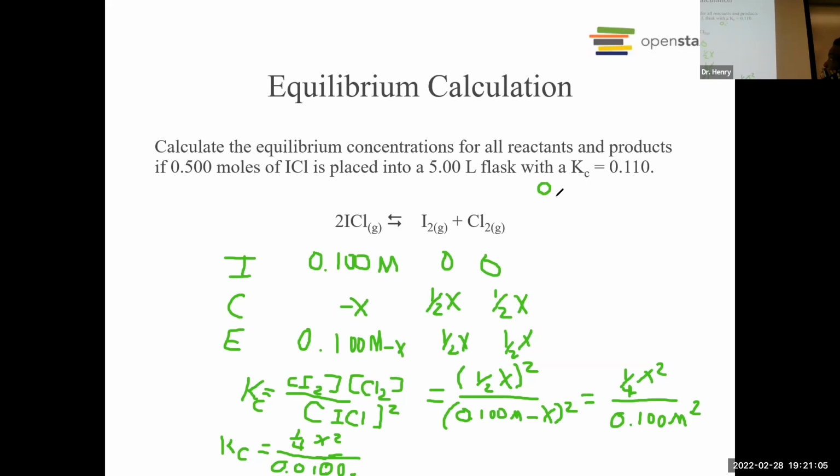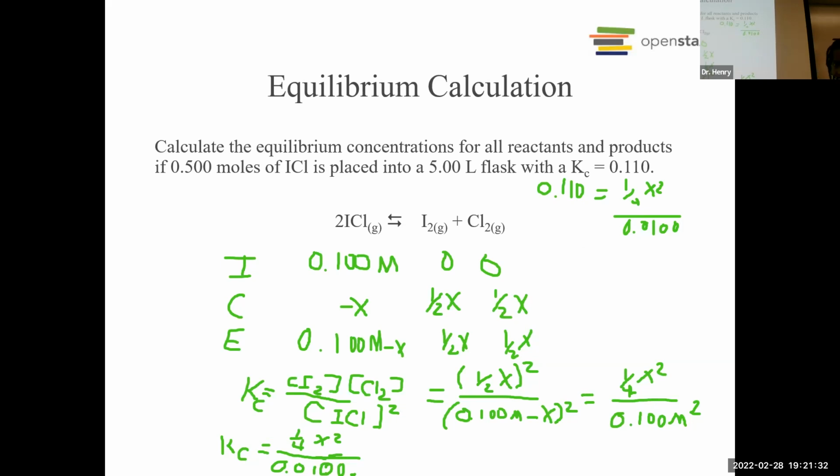So we get 0.110 equals 1/4 x squared divided by 0.0100 molar squared.